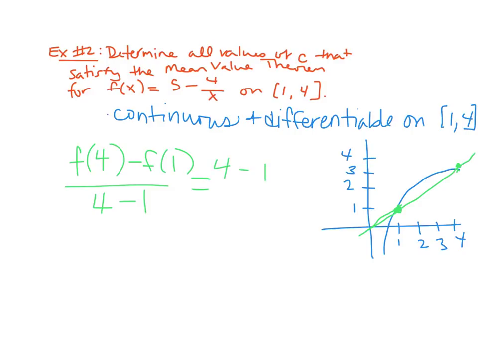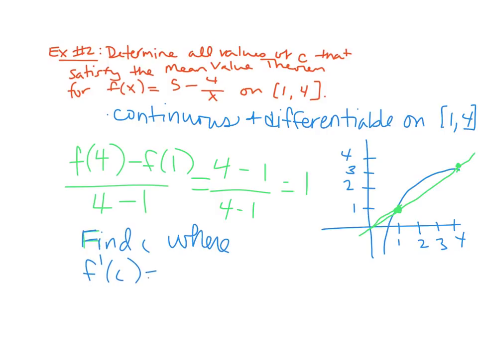That's just a coincidence. The answer for the slope of the secant line is 1. So then we're going to find c, and I'll use another color, where our f prime of c is equal to 1.